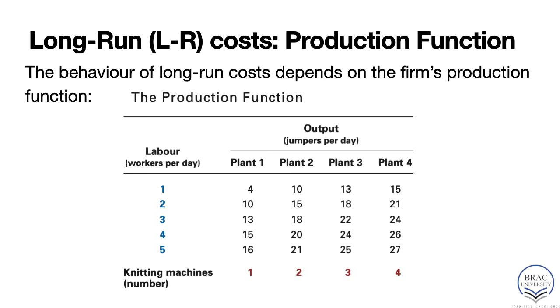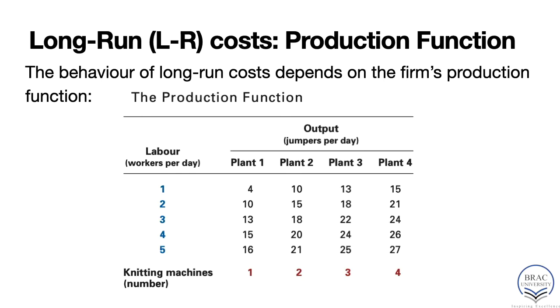So if we double the plant size from 1 kneading machine to 2 kneading machines, then various amounts of output that labor can produce are shown in the column headed by plant 2. Also, you can see what outputs with 3 and 4 machines are produced in the production table.